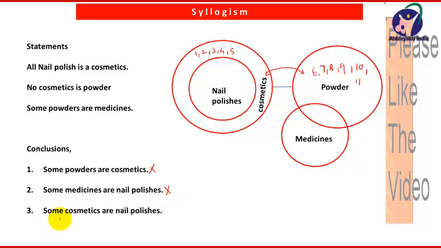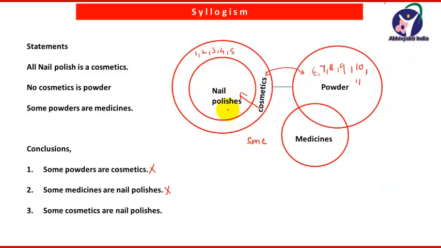Here the third conclusion is some cosmetics are nail polishes. Nail polishes are here and cosmetics are here. All nail polishes are cosmetics, and we have seen in the first example that when we go from outside to inside, we use the term some, and when we go from inside to outside, we use the term all.